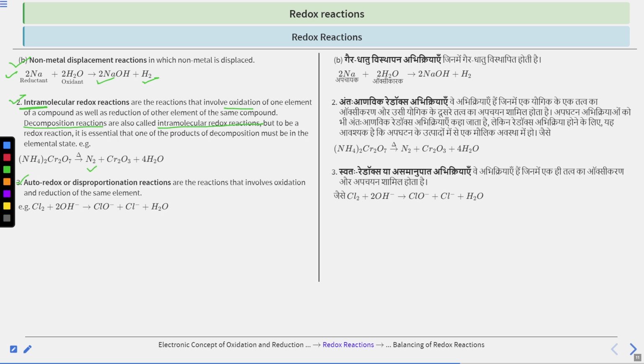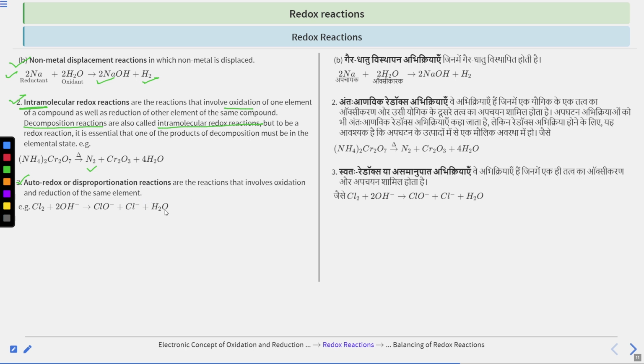Third type is auto redox or disproportionation reaction. These are the reactions that involve oxidation and reduction of the same element. Until now we were talking about the oxidation and reduction of two different compounds, and then two different elements of the same compound. But now in the auto redox or disproportionation reaction, the reduction and the oxidation happen to the same element in a reaction.